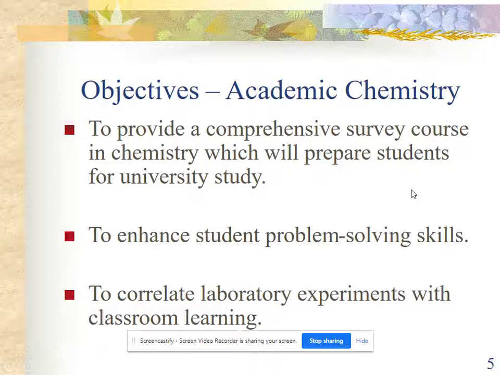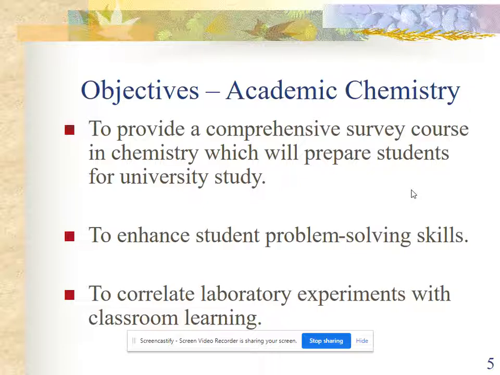There are several objectives of academic chemistry, but the first is to provide a comprehensive survey course which prepares students for university study, whether you're majoring in a STEM area or you just need a science credit. It is a comprehensive survey course, and students feel that they are well prepared once they advance their science courses in college.